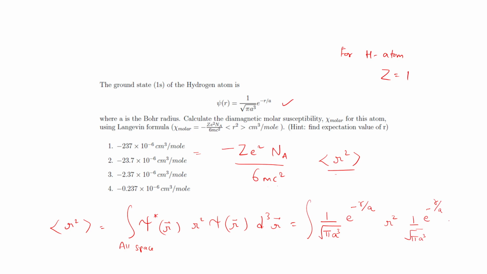The d cube r we can write as 4 pi r square dr, integrated from 0 to infinity. So this is the expression we need to calculate, and let us do that.